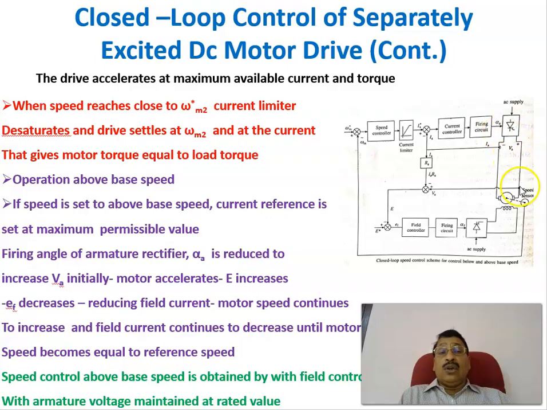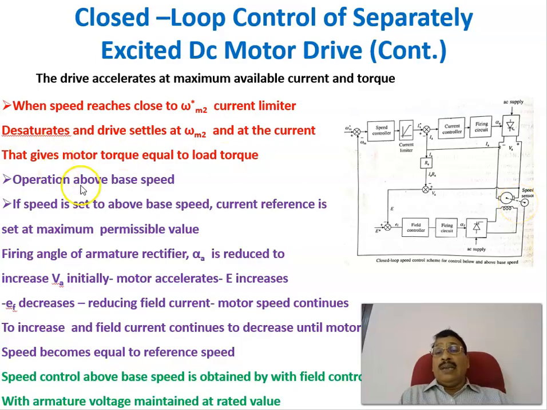Whatever torque the motor produces is equal to the torque demanded by the load. This is the operation below the base speed. By controlling the firing angle, you bring the voltage to the required value and produce the required torque equal to the load torque demanded.